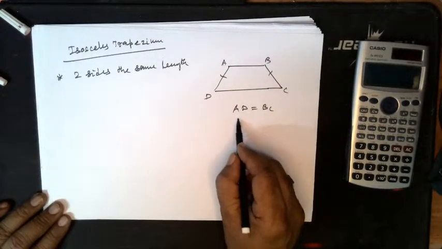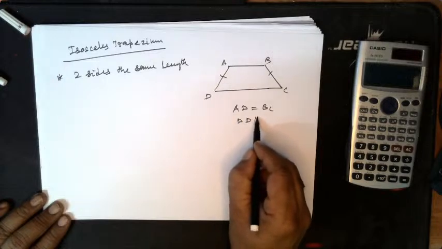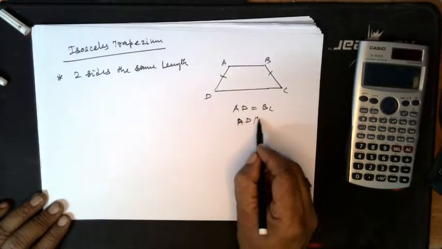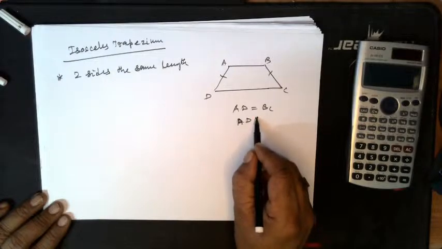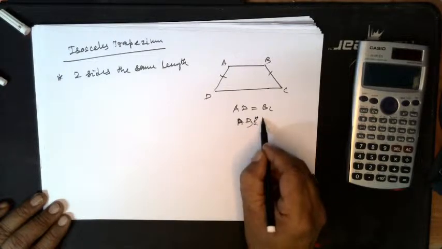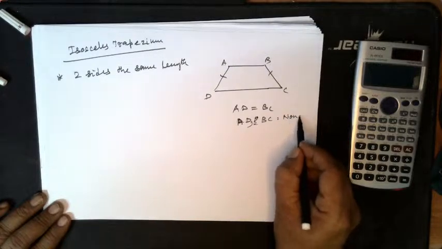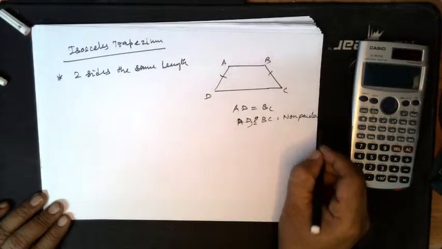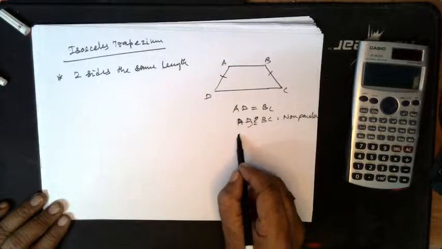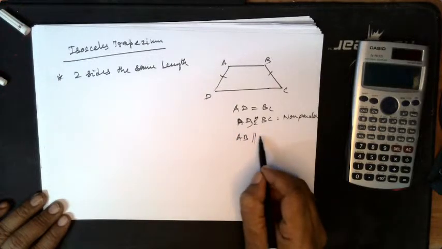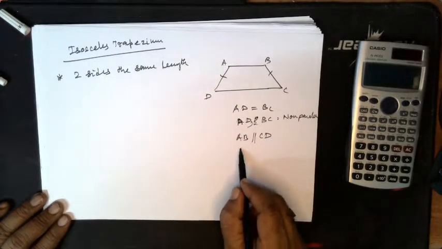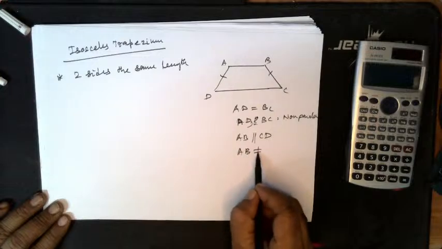But AD is not parallel. AD and BC are non-parallel. Are you able to follow? But AB is parallel to CD, but AB is not equal to CD.